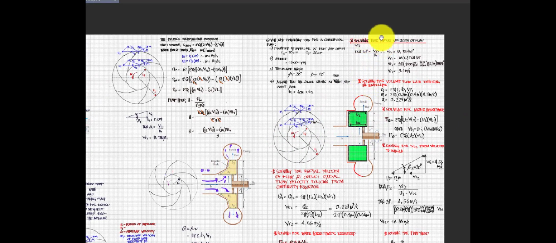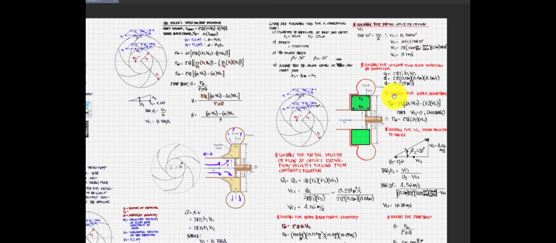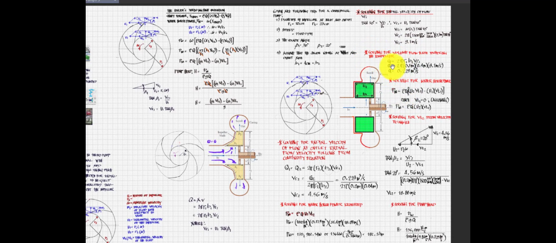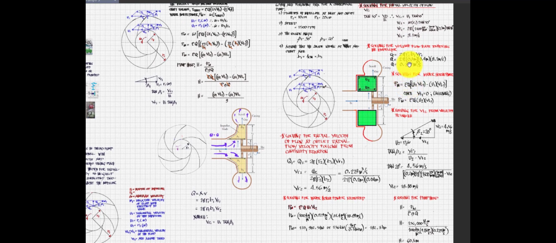Then we solved natin ang radial velocity of the fluid flow. So nakuha natin yung tangential fluid flow at the inlet. Then we were able to solve the volume flow rate at the inlet, no? Which is given naman yung radius, tapos yung thickness niya given also. Then ito nakuha na natin. Then we were able to get the value of your volume flow rate at the inlet.